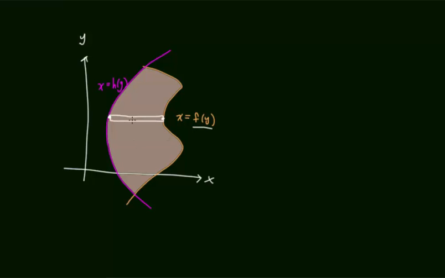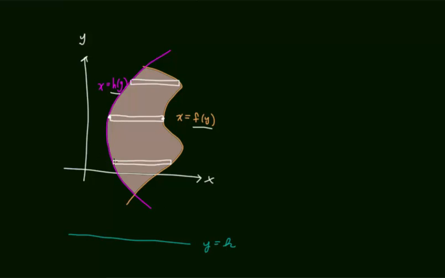So f of y on top, h of y on the bottom, and that's anywhere we would draw this. So that's predetermined.